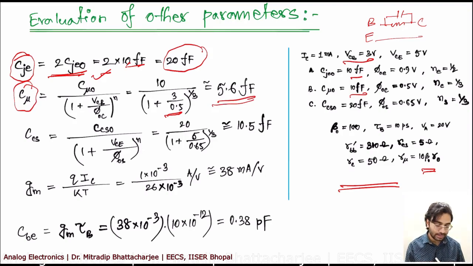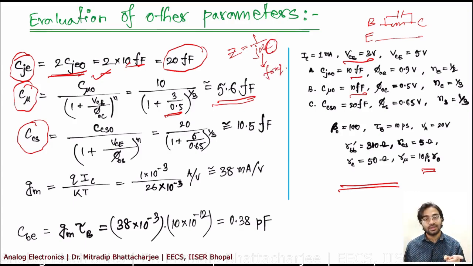Then you have similarly CS values. Now if you look, all these capacitances are also a function of frequency, because ultimately the impedance Z equals 1 by j omega C, right? So the impedance is a function of frequency as well. For different frequency you will find these values are different.